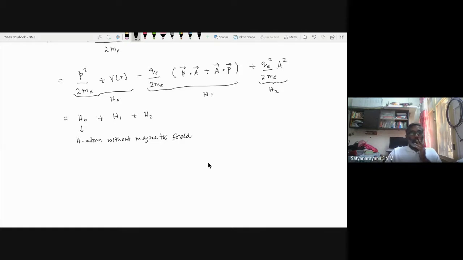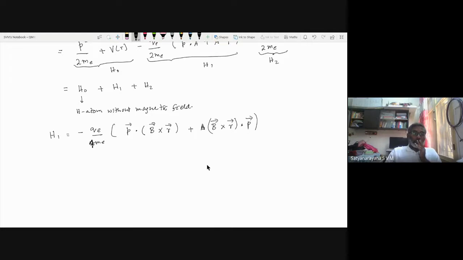Now let's look at the second term. H1 is equal to minus q_e by twice m_e into, A has another factor of 2, so that comes to be 4, P dot B cross R plus B cross R dot P. Now notice that B is a vector.